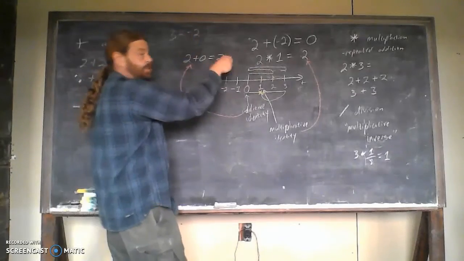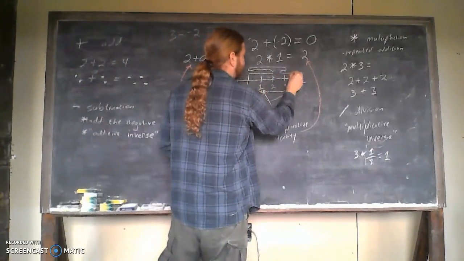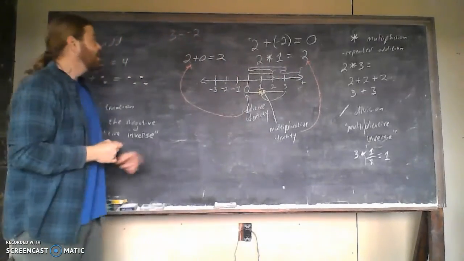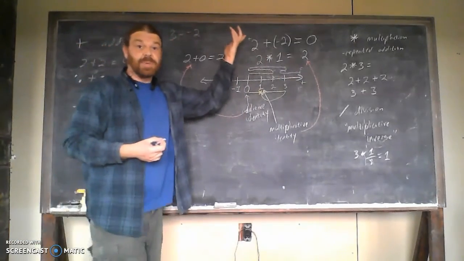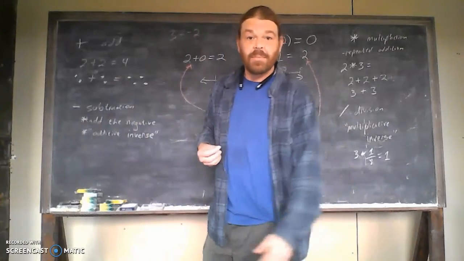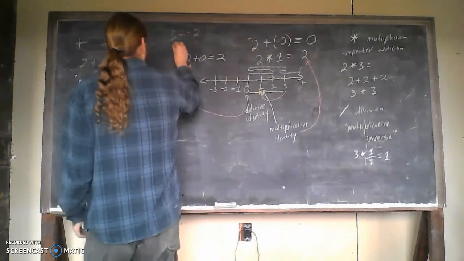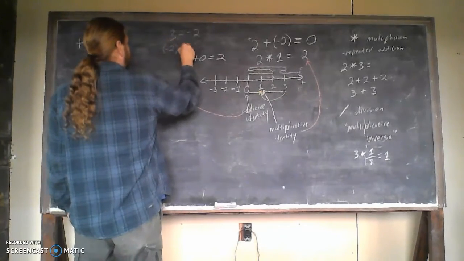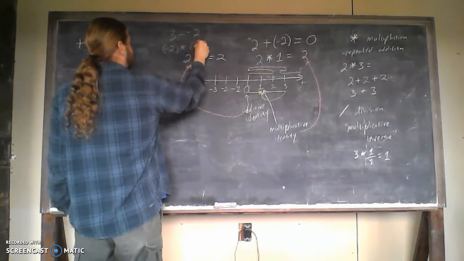Another negative sign turns us around again. So we still end up going in the positive direction, eventually up to 5 there. But subtract a negative becomes a positive. And same thing with multiplication. Negative 2 times negative 3.